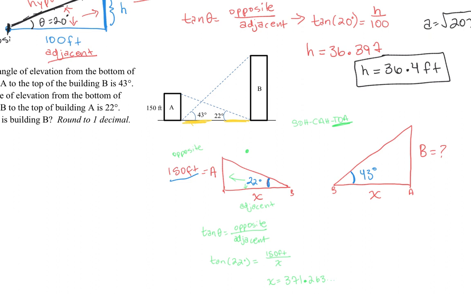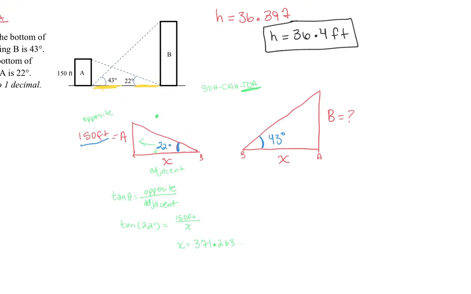I'm not going to round it or anything yet, because then, like I mentioned earlier, this can mess with your final results. So if we know x here, let's figure out what these numbers are in terms of our angle. So in terms of our angle, B is our opposite side, and x is our adjacent side. So again, we will be using TOA, but this time just a little bit different.